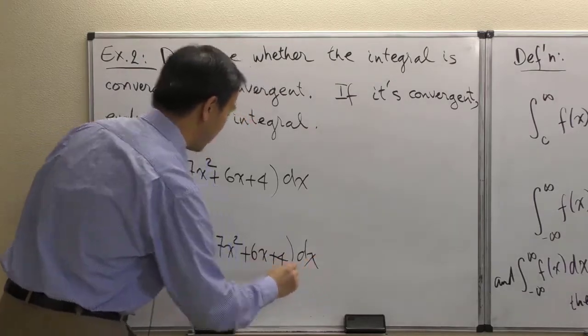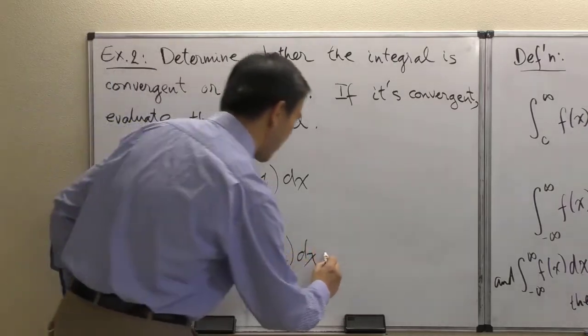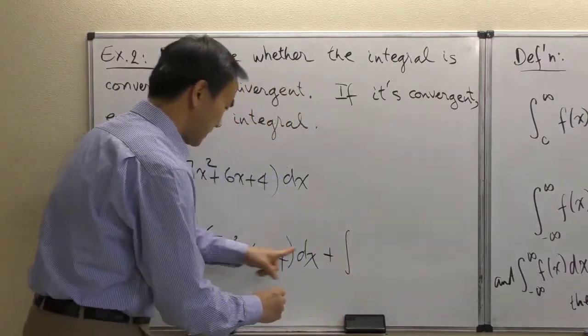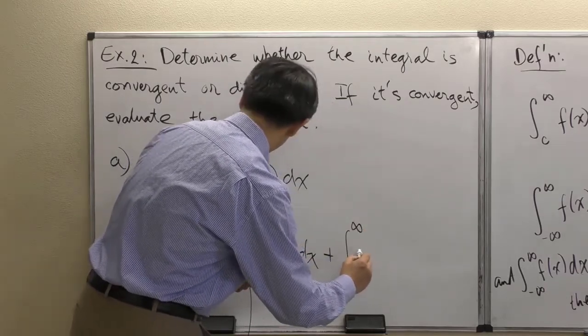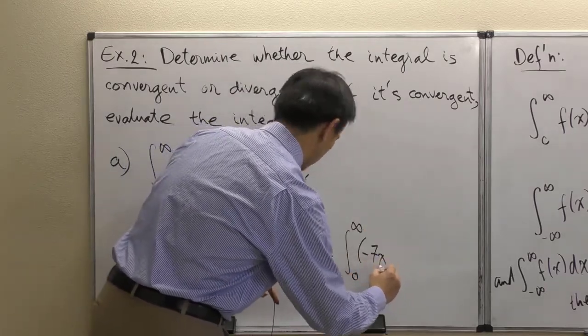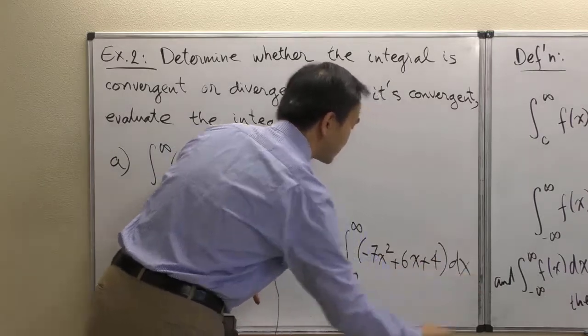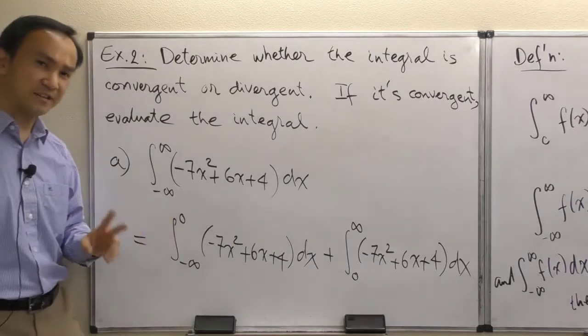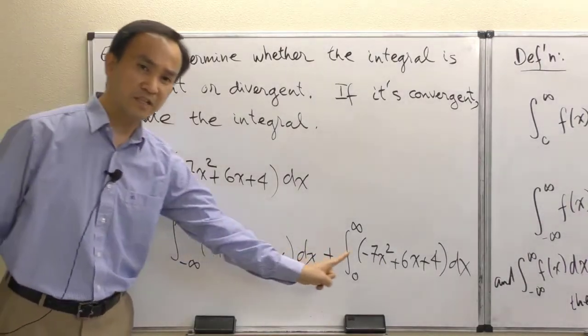So we want this integral to be equal to the sum of that integral and another improper integral from 0 to positive infinity on the same function, minus 7x squared plus 6x plus 4. So tentatively, or as a plan, we want that to equal the sum of these two.